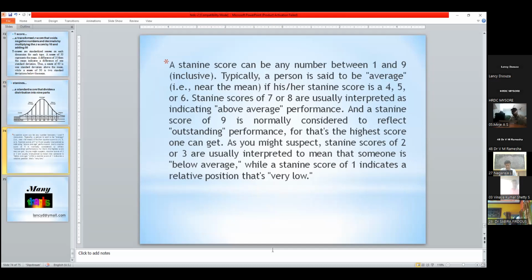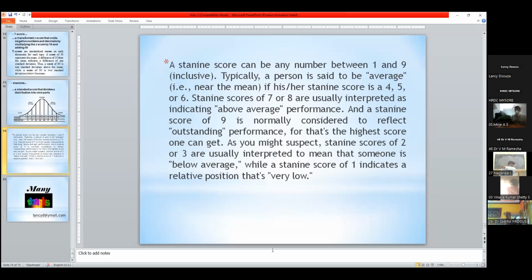As I said, a stanine score can be any number between 1 to 9. In the case of sten, it is any score between 1 to 10. A person is said to be average if the score is 4 to 6. 7 to 8 are usually interpreted as above average, and 9 and above is called high.